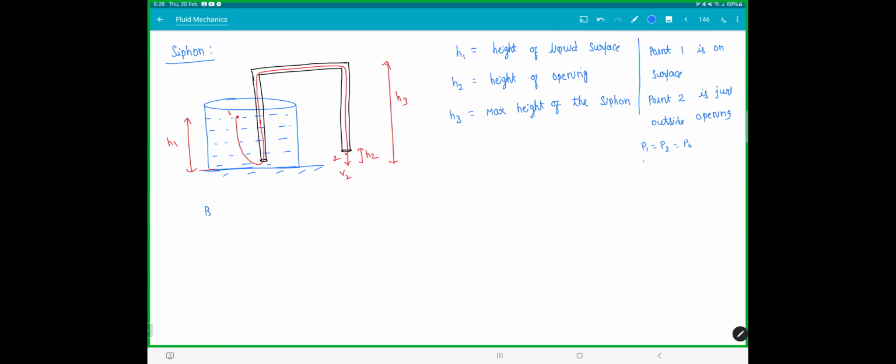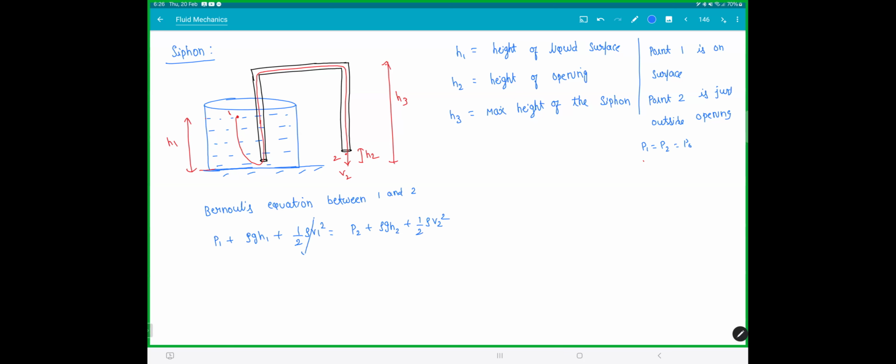So we'll apply Bernoulli between 1 and 2. So the Bernoulli will be P1 plus rho g H1 plus half rho V1 square equals P2 plus rho g H2 plus half rho V2 square.